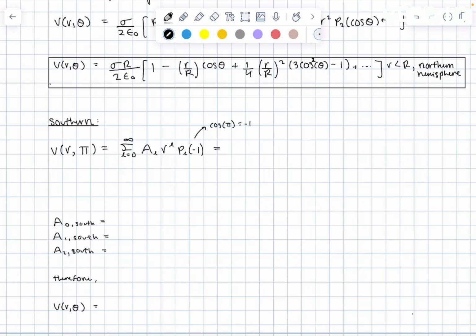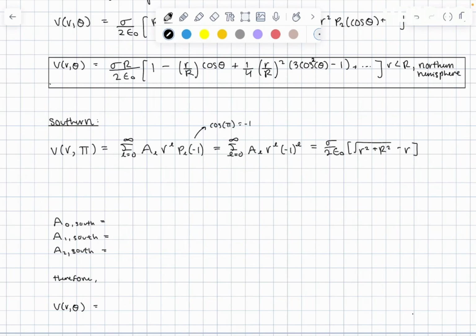And so then that can be rewritten as the sum from L equals 0 to infinity of a L R to the L, and then we'll have just -1 to the L. And then that will have to be equal to our sigma over 2 epsilon naught times the square root of little r squared plus big R squared minus little r.